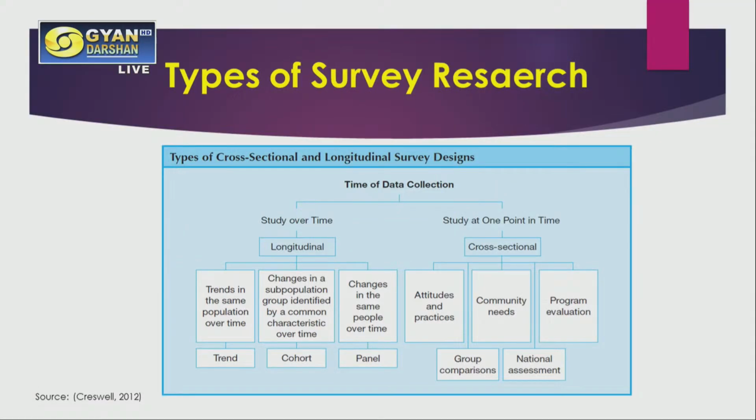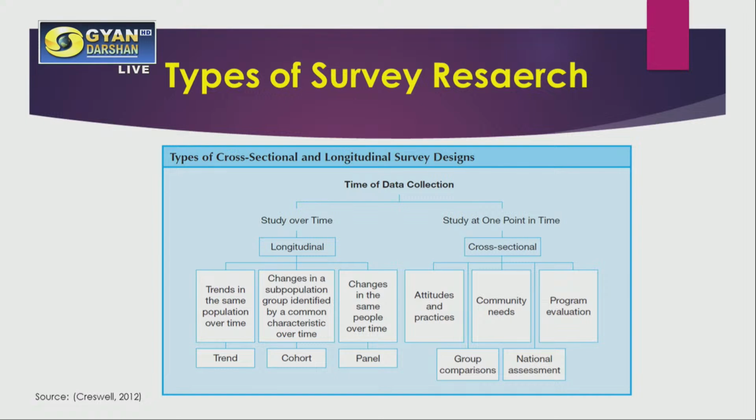The next is the panel study. In panel study, we look at changes in the same people over time. Now, say for example, you are undertaking a study of students in 2023. Now in 2024 they will be promoted, they will be going to the next higher class. So the same population which you have selected in 2023 will be selected in 2024 also.